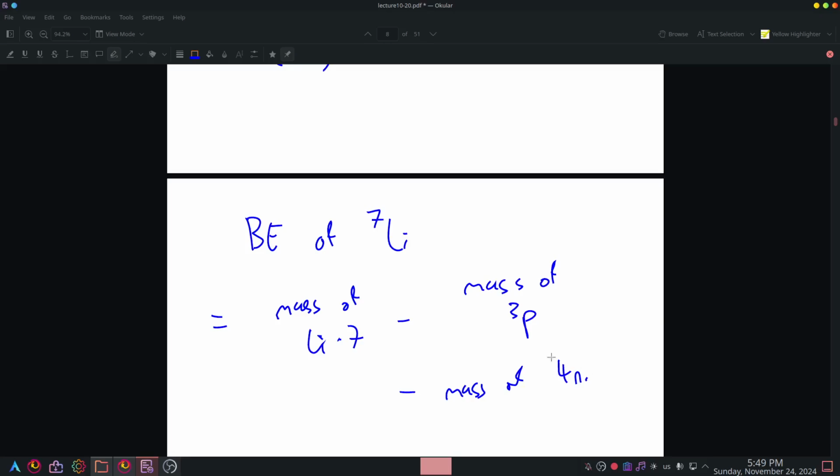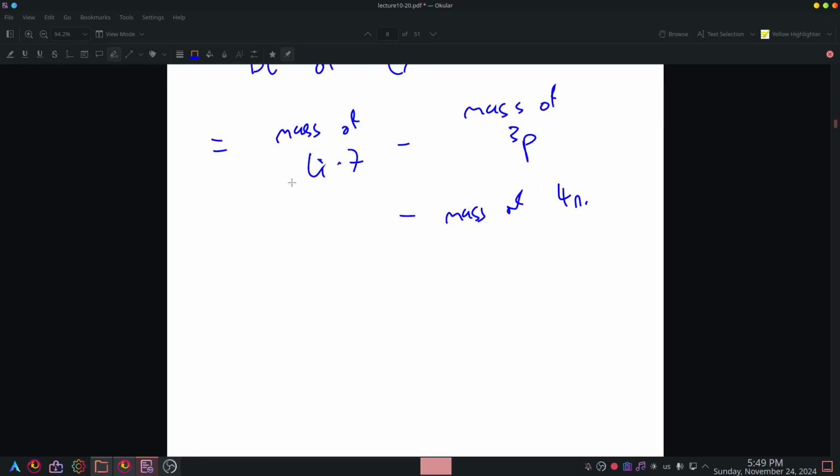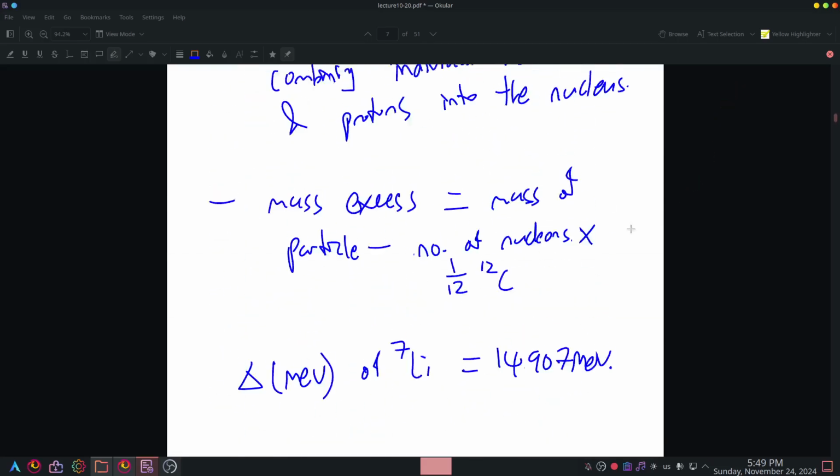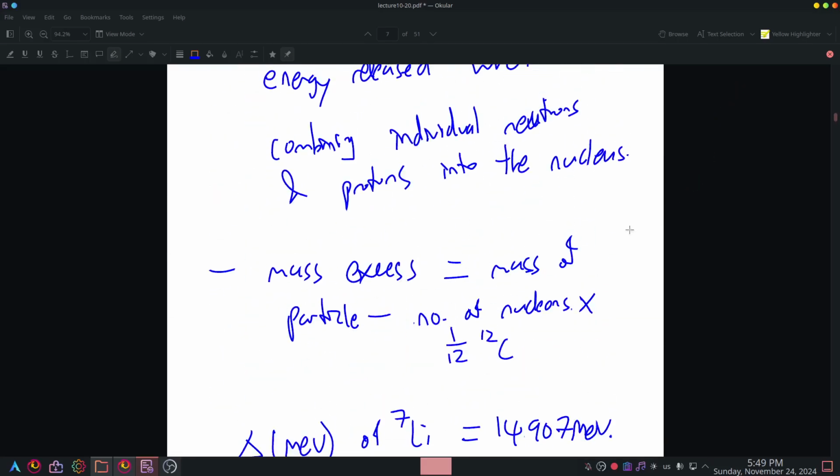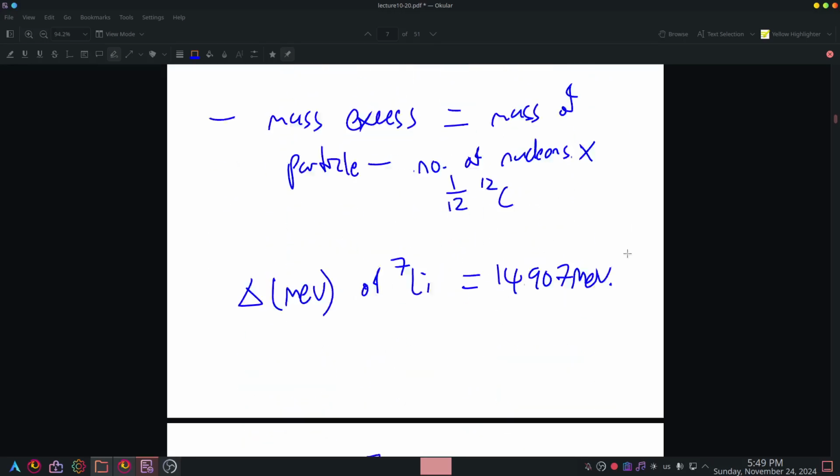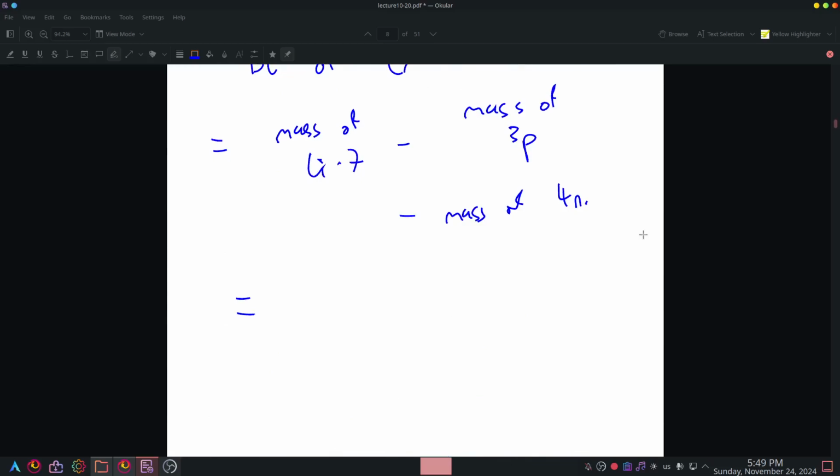Okay, we will not find these masses explicitly mentioned in these wallet cards, but we are going to make use of them. We have mass excess. Mass excess is the mass of the particle minus the number of nucleons times 1/12 the carbon, right? So we can actually substitute that here. Mass of lithium-7 minus 7 times 1/12 carbon-12. And you'll see that a lot of these things cancel out, okay?